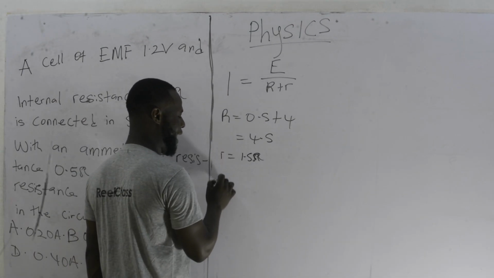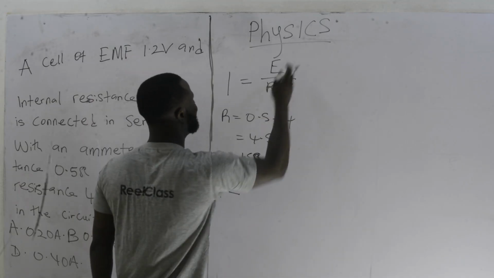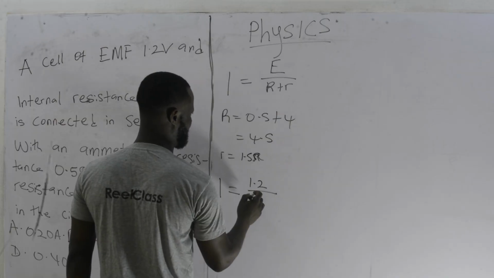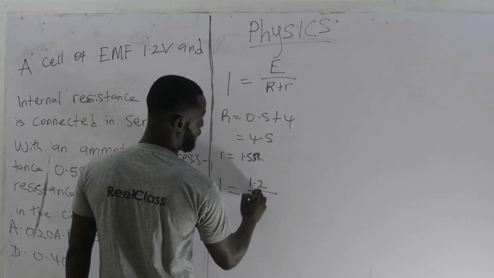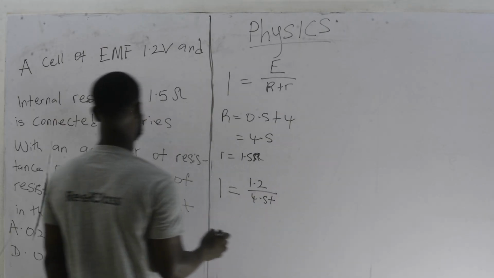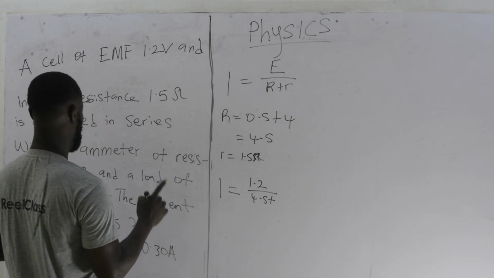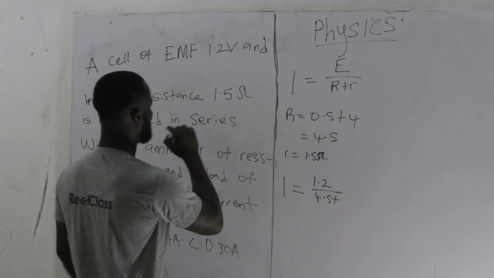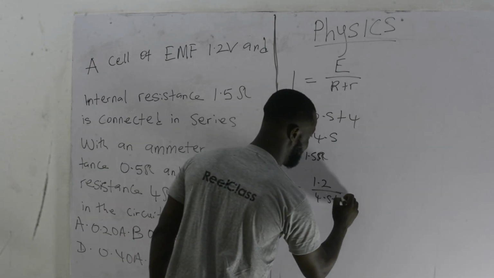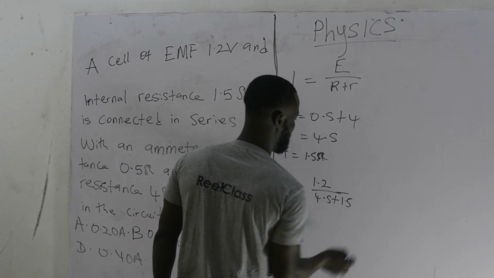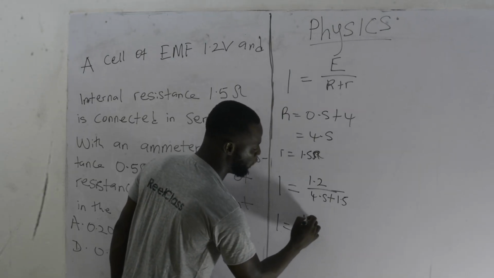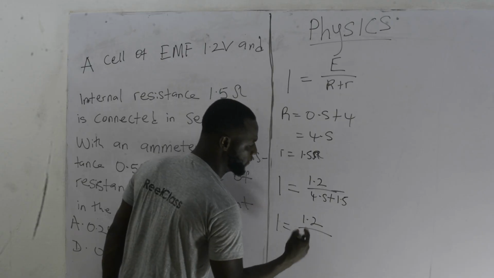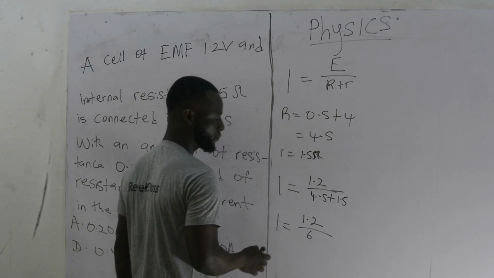Using my equation, I will have I equal to, the EMF like they said was 1.2, divided by the external resistance, which is 4.5, plus my internal resistance of this cell, which is 1.5. Now, if I add this up, I'll have 1.2 divided by 4.5 plus 1.5, which gives us 6.